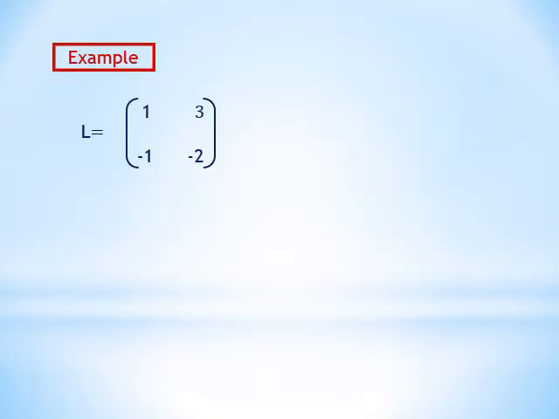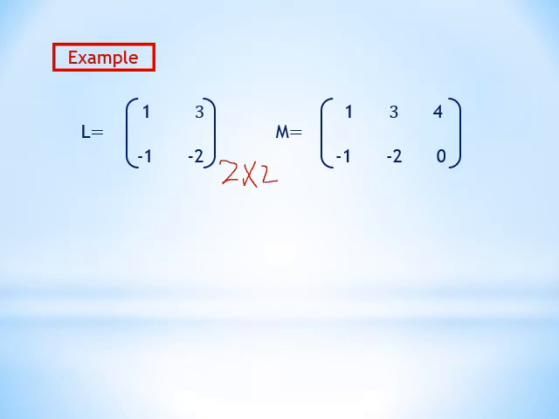Next, L and M, two matrices. And the first condition, whether their orders are equal or not. Now, you can observe order of L is 2 by 2 as it has 2 rows and 2 columns.